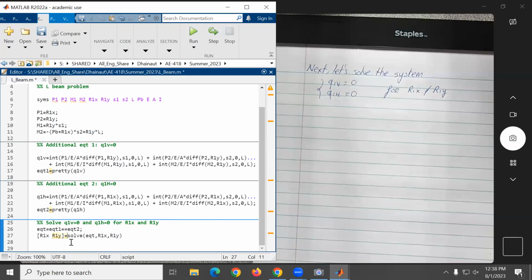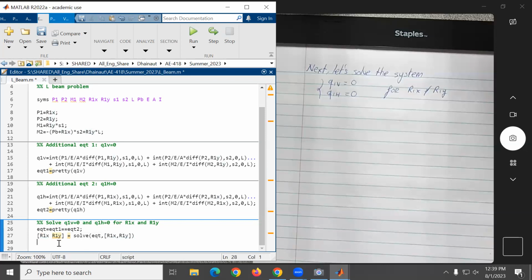Yes. For your second term, you have to put them in brackets inside the solve. R1X and R1Y should be in brackets, and that'll output your two variables.